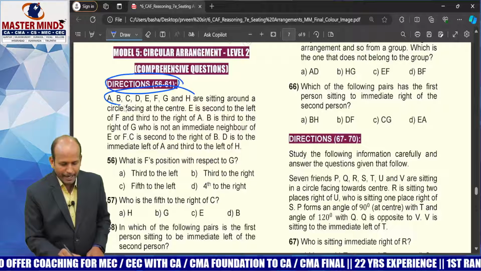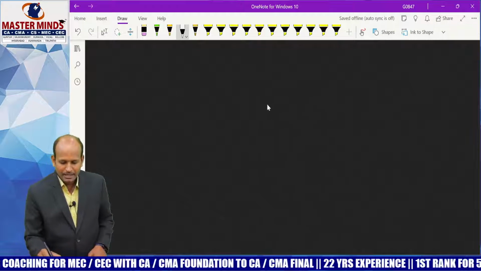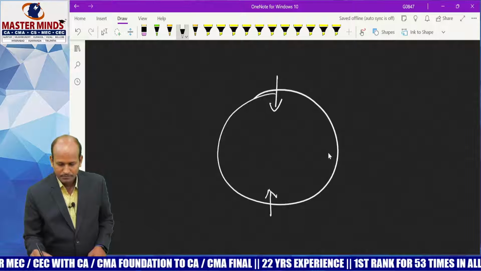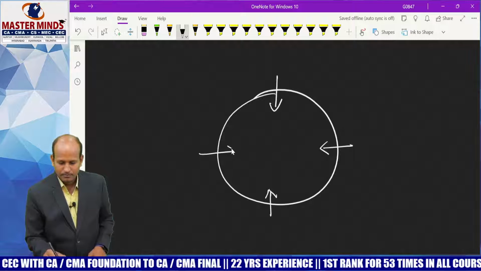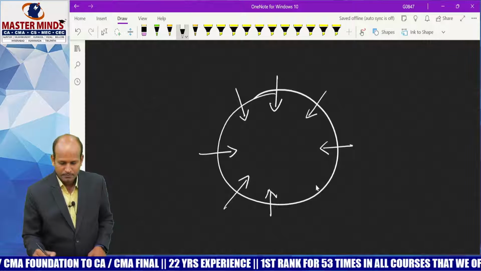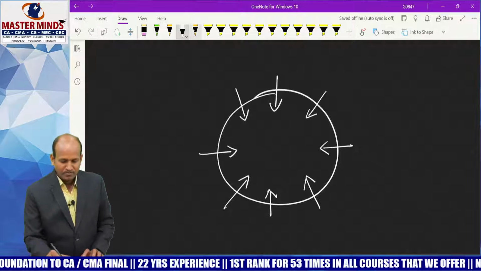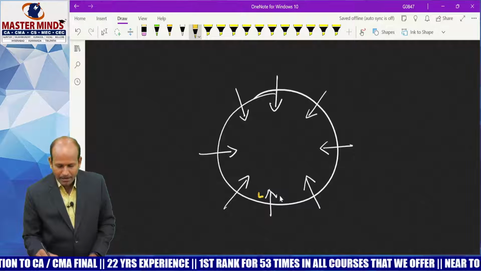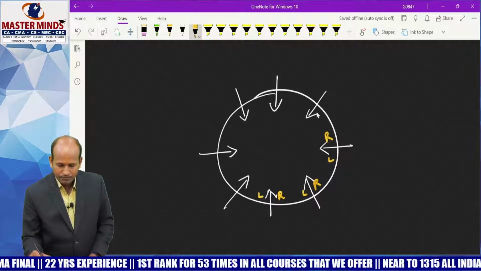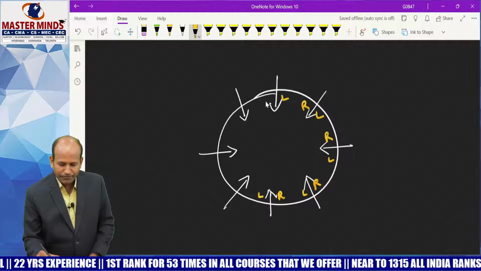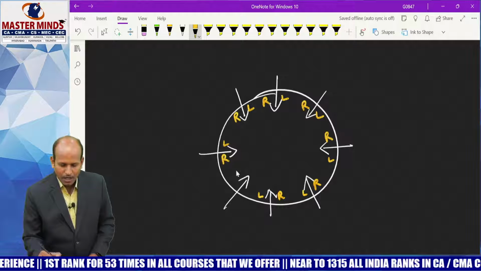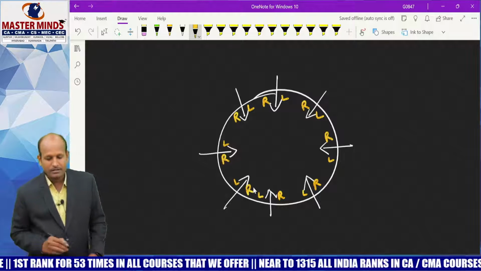Here we have a total of 8 members sitting around a circle. And moreover, each person has a left and right, like this: L, R, L. If you have any confusion of left and right, then only you can write like this, otherwise no need to draw like this.